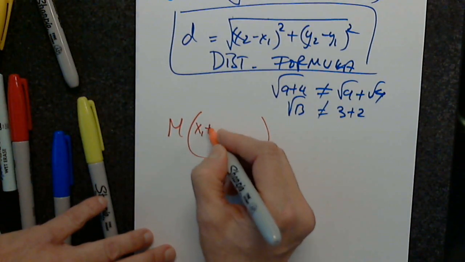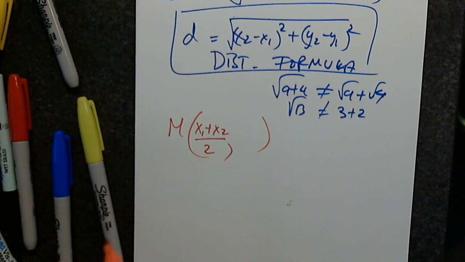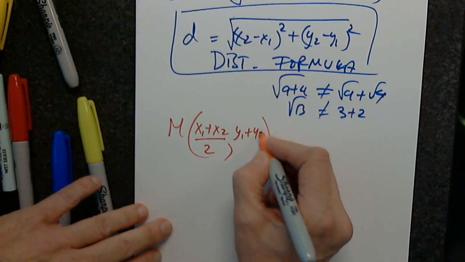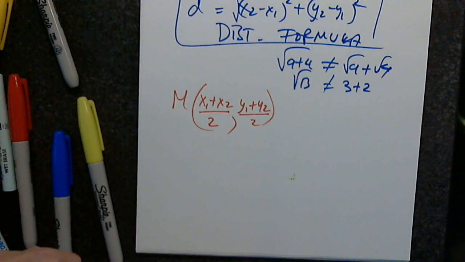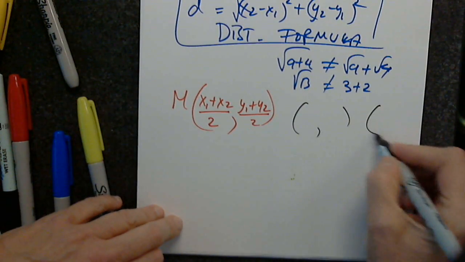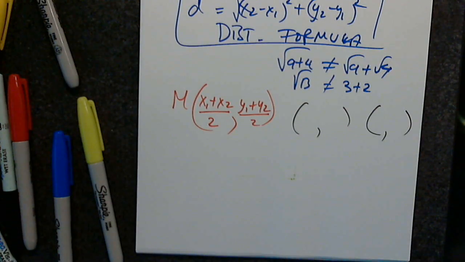The average of x1 and x2 means the sum over 2 because there are two numbers, and y1 plus y2 divided by 2 for the same reason. So now let's illustrate this with two ordered pairs. Please give me two ordered pairs, any you want, so we can determine the distance and the midpoint. And then we will look at the last item on the list for today.